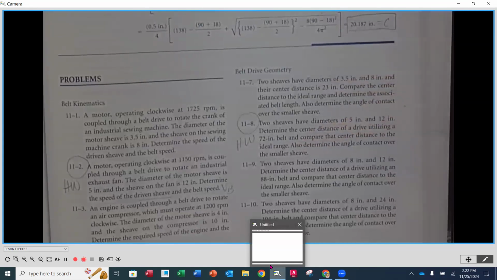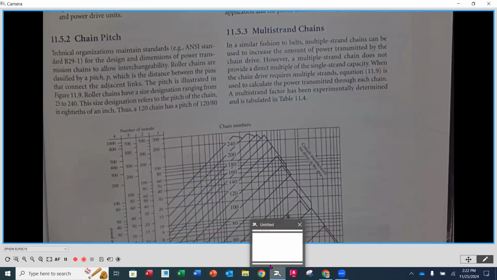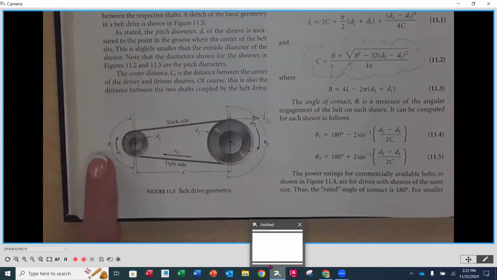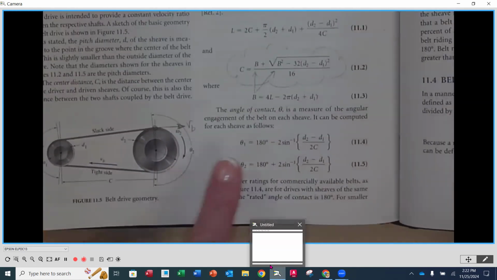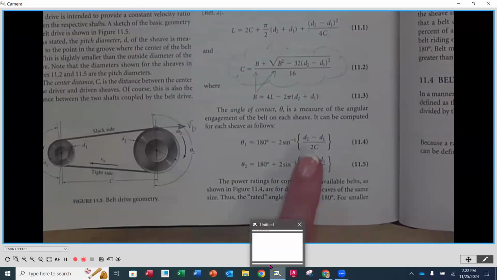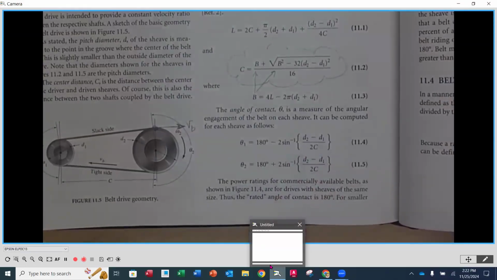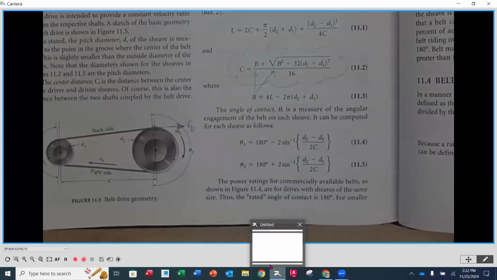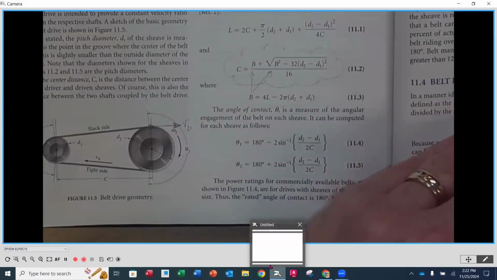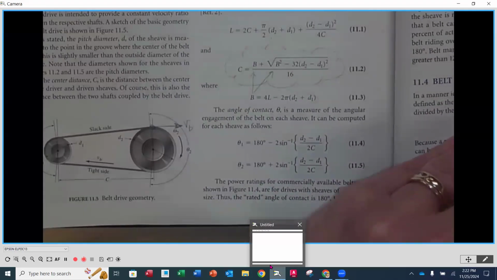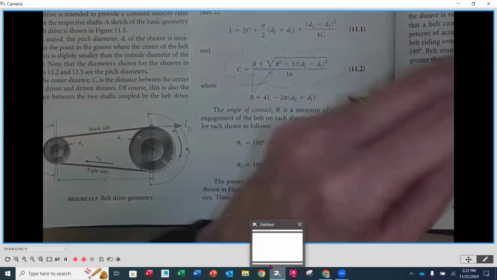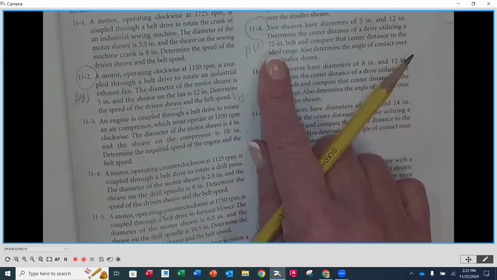We didn't do angle of contact in the two examples that we did, but there are two equations here, and I'm confident that you can determine what theta 1 and theta 2 are with these two equations using the center distances and the diameters. We didn't do an exact example with that one, but you have what you need in order to get that done. So that one's number 8.